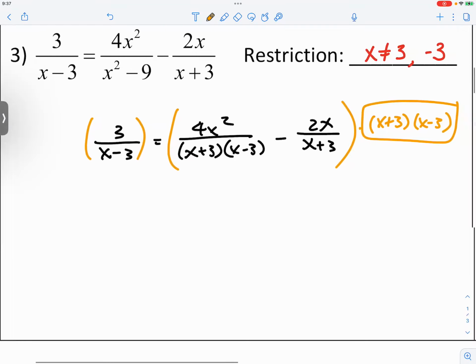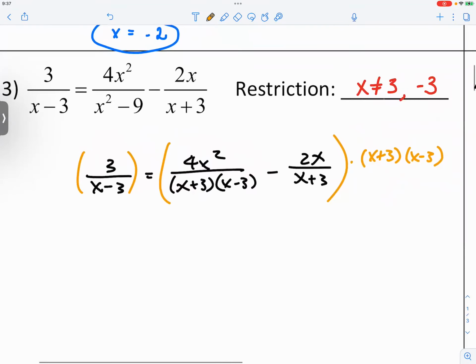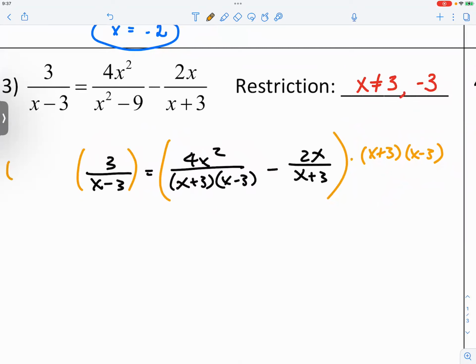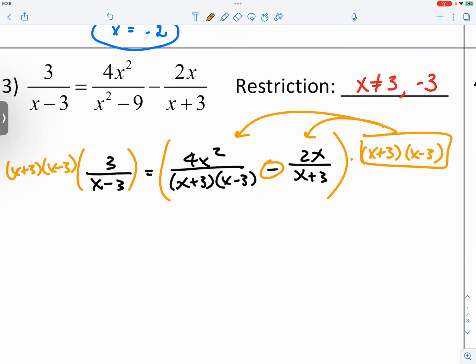So that's the common denominator for these fractions. If you multiply the x plus 3, x minus 3, you will see how it effectively cancels out the denominators.